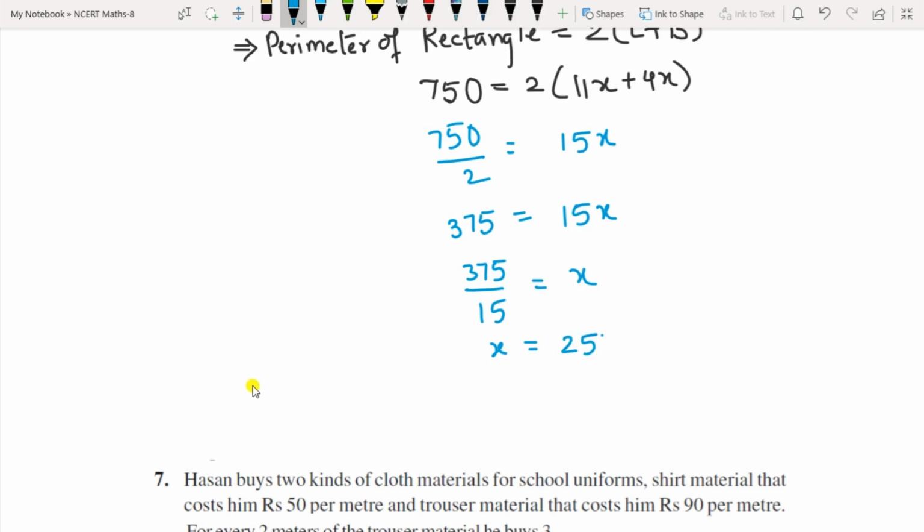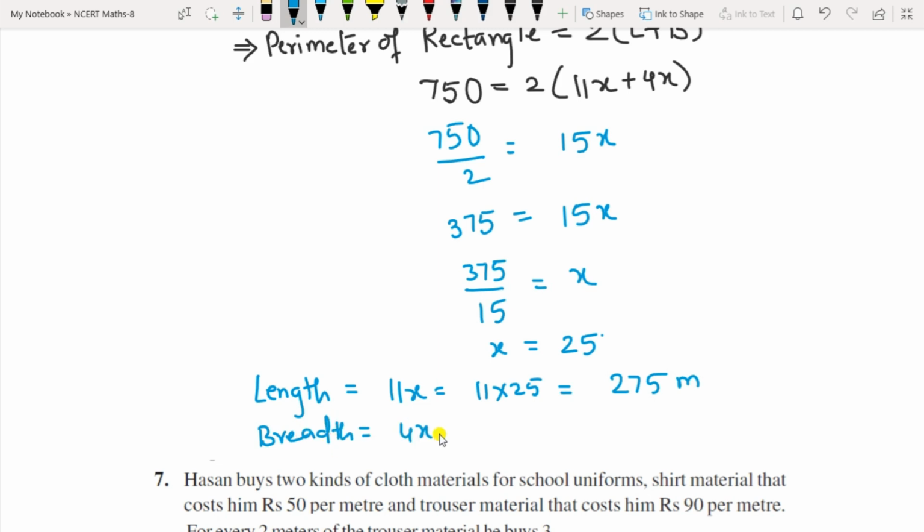So now substitute x in length equal to, it was 11x, so 11 into 25, you get the answer as 275 meters, that is your length, and breadth equal to 4x, so that is 4 into 25 is 100 meters. So 275 and 100 is the answer.